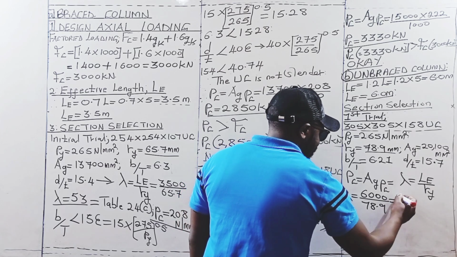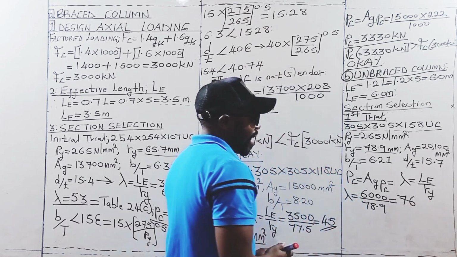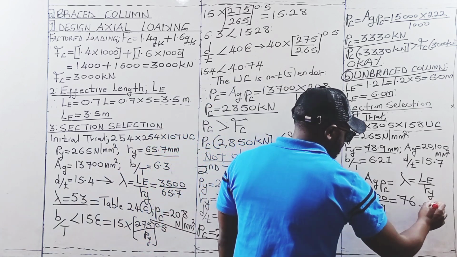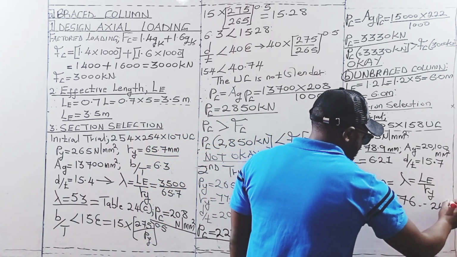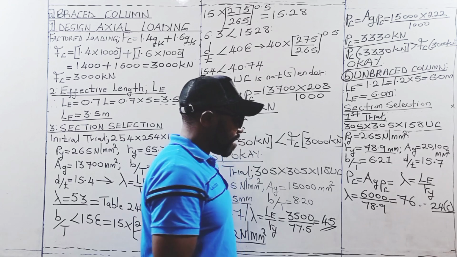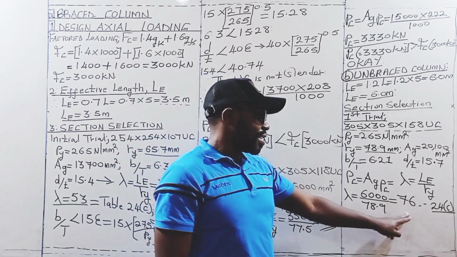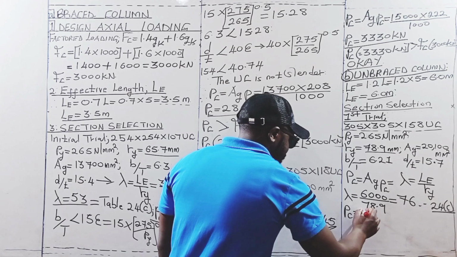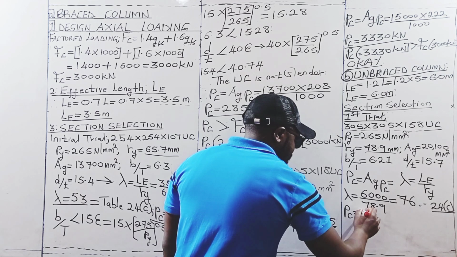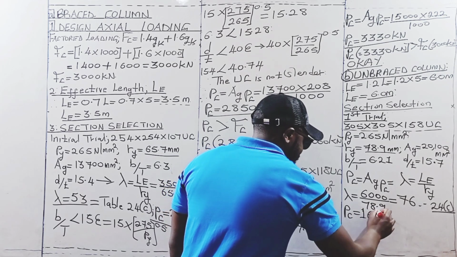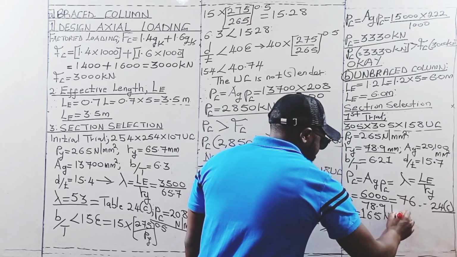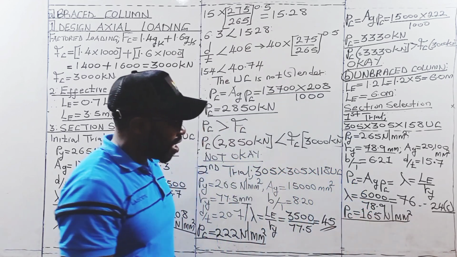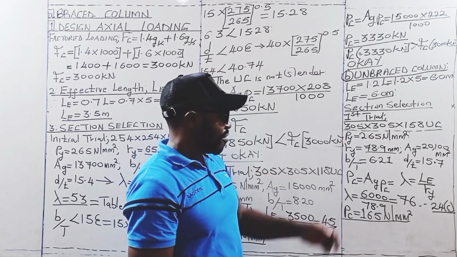And that is going to be 76. Therefore, from Table 24C of the BS 5950 with a slenderness of 76, the compressive strength of steel is going to be 165 newtons per square millimeter. So that is the compressive strength for this steel section.